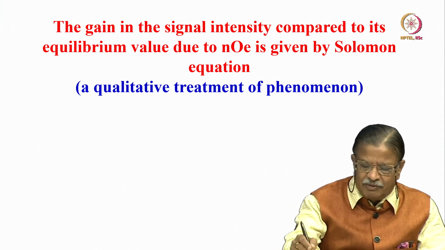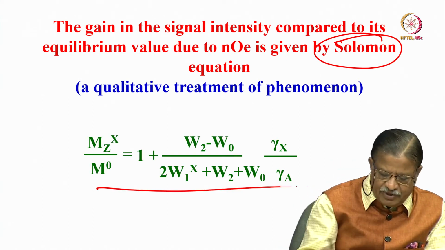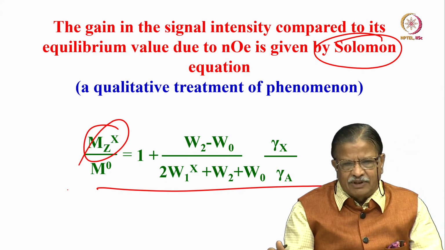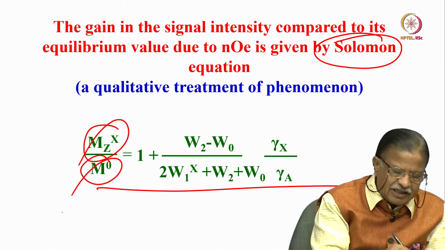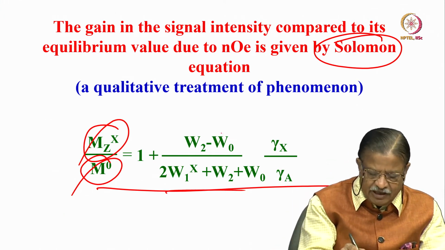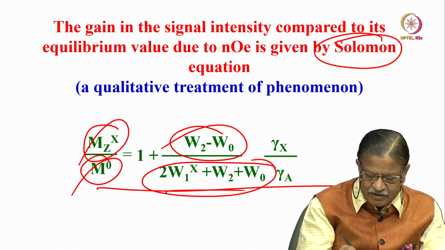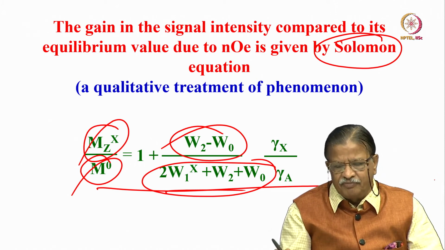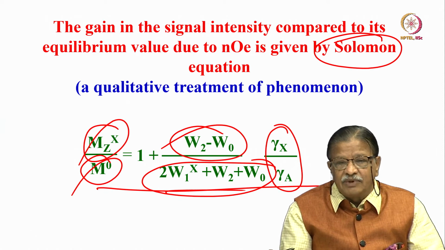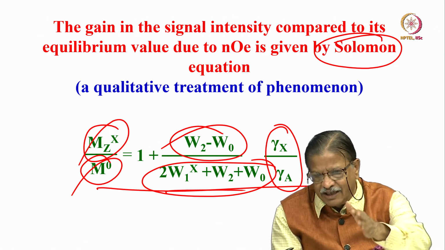This is an equation given by Solomon, called the Solomon equation. What is the Solomon equation? It is this one, which says the change of the intensity with respect to the thermal magnetization is given by a simple expression: (W2 minus W0) over (2 times W1 plus W2 plus W0), and it is also multiplied by the gyromagnetic ratio of the spins which you are irradiating and the spins in which you are observing the change in intensity.